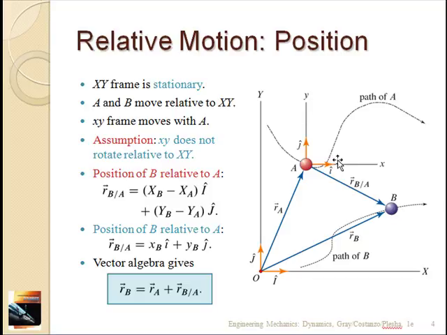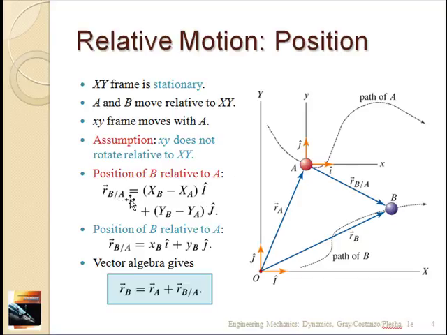So if this coordinate system is rotating, things get a little more complicated. But we just assume it's translating. So the little x is always parallel to capital X. Little y is always parallel to capital Y. And this coordinate system is just translating. Okay.